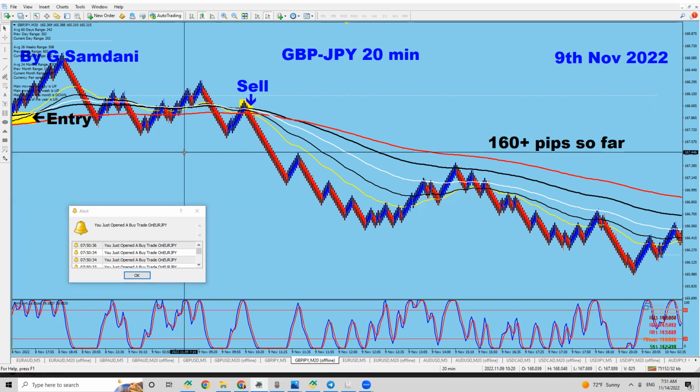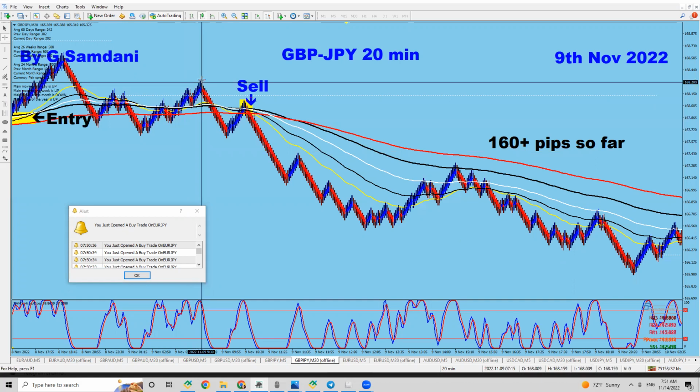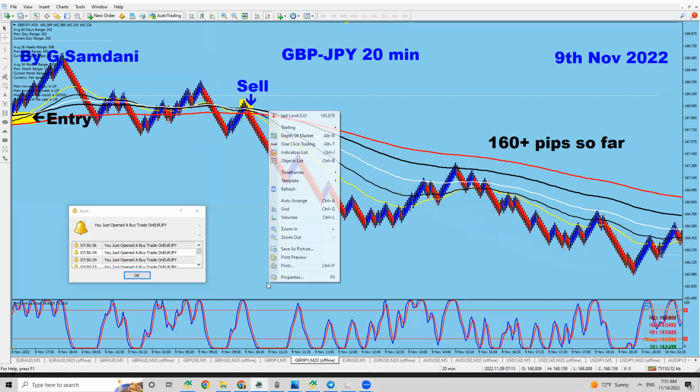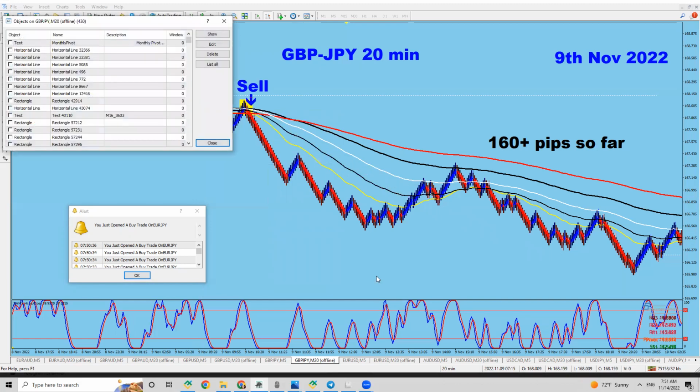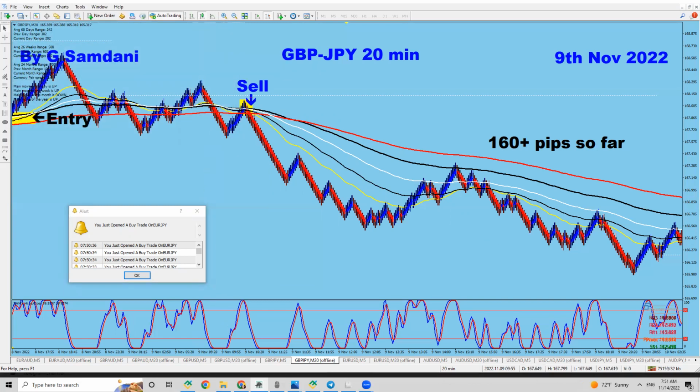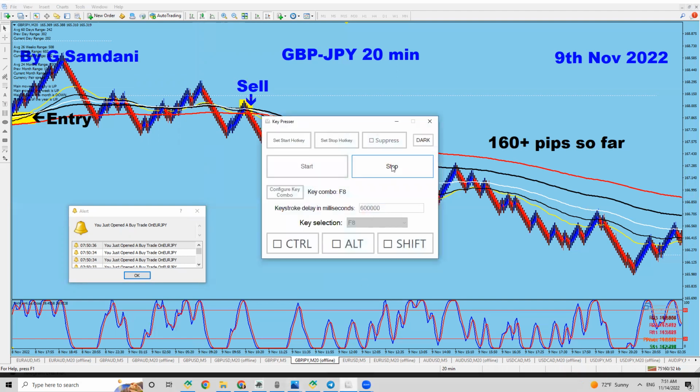So I'm going to check the daily range of that day from the top. Oops, hold on. I have that key auto clicker and it started working. Let me just stop that here.